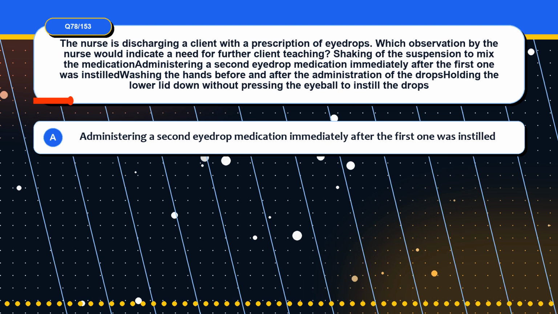Question 78. The nurse is discharging a client with a prescription of eye drops. Which observation by the nurse would indicate a need for further client teaching? Shaking of the suspension to mix the medication, administering a second eye drop medication immediately after the first one was instilled, washing the hands before and after the administration of the drops, holding the lower lid down without pressing the eyeball to instill the drops.